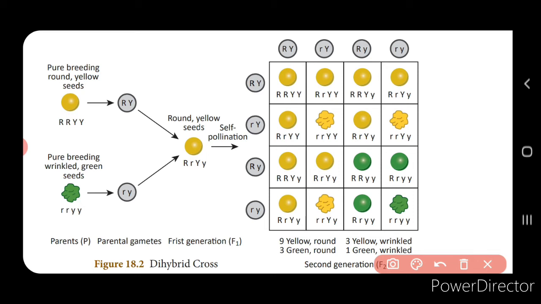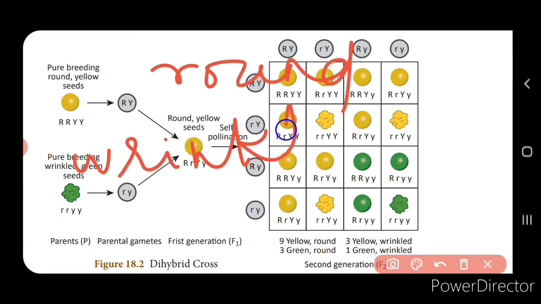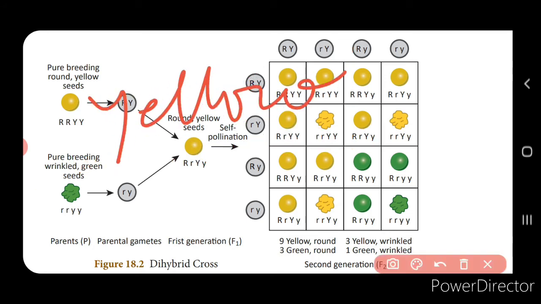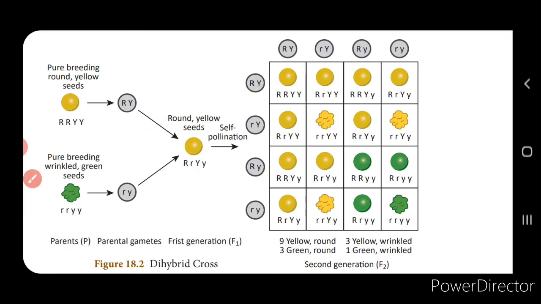The shape and the color of the seed, right? That is round and wrinkled seeds, and for the color of the seed, yellow and green. So these are the 2 contrasting characteristics chosen by Mendel.